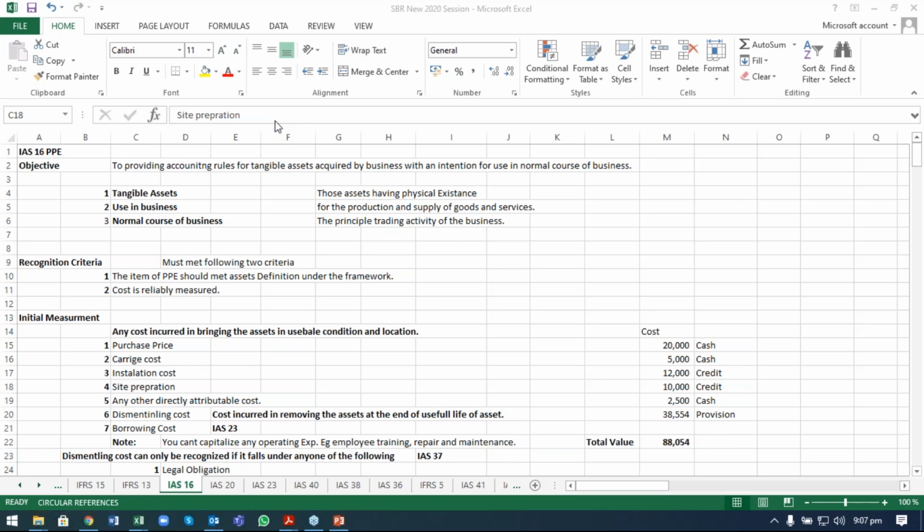But if you are unable to find the market value of that specialized machine, then you can place that specialized machine under the cost model up to the point when you find the market value of that asset. This is an exception available to you, right? But you have to treat that specialized machine under the revaluation model up to the time period when you are not able to find the market value. You can put that machine under the cost model, but only up to that point in time, until you find out the market value of that specialized machine.